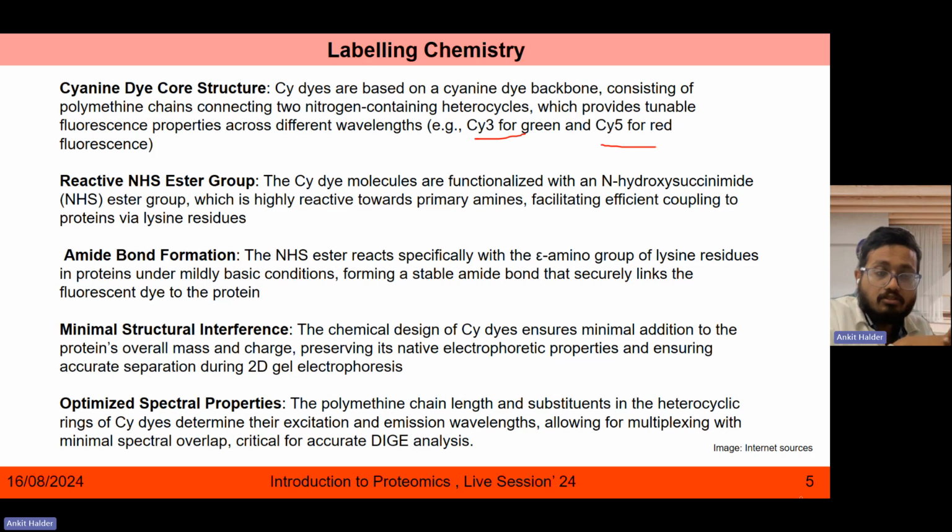Now the second thing is the reactive NHS ester group.